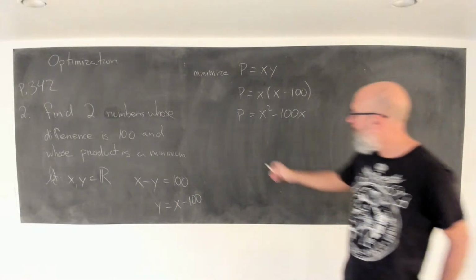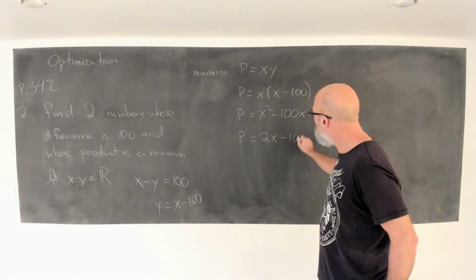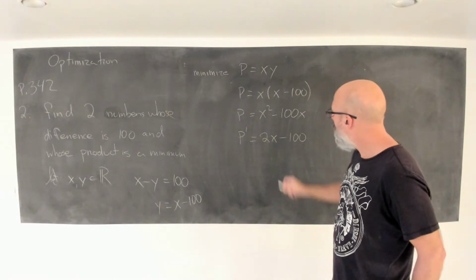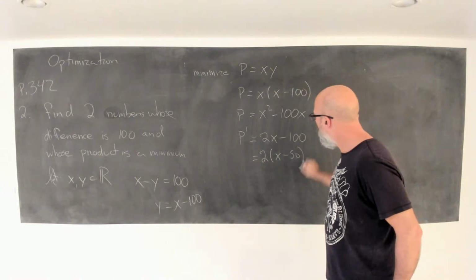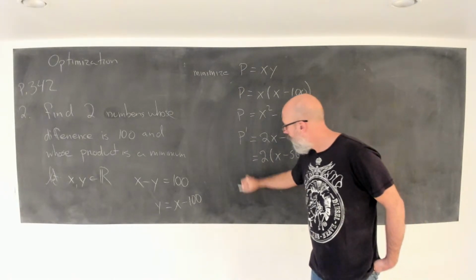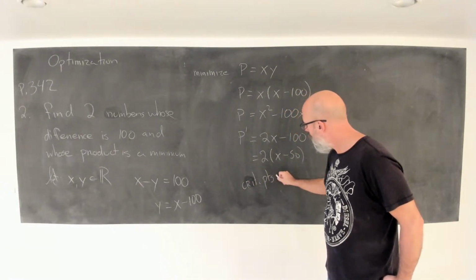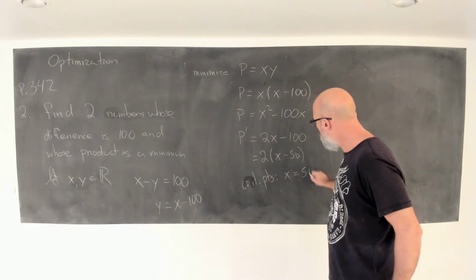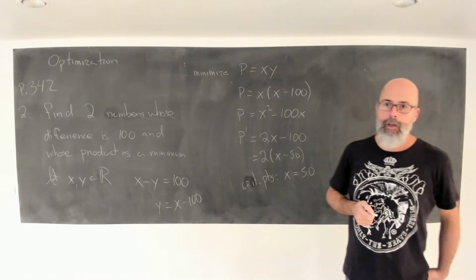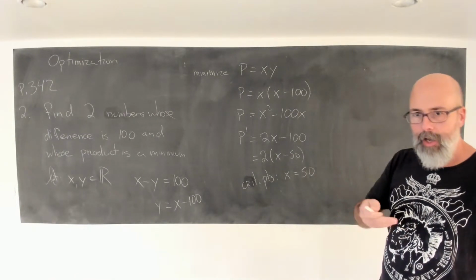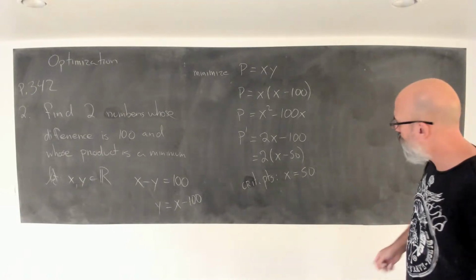You're going to take the derivative. You're going to look at critical points. You're going to justify that what you have is an absolute max or an absolute min using the first derivative chart.